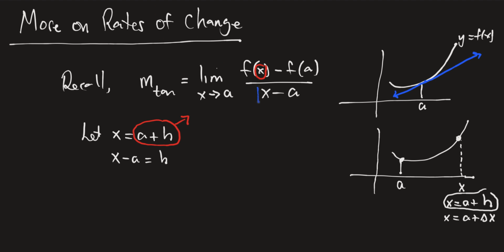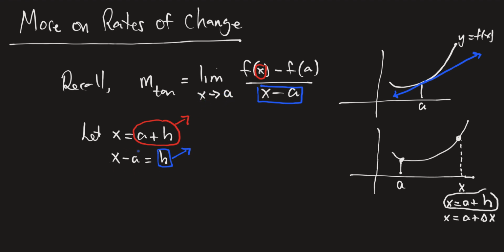I have an expression x minus a, but I have the exact same expression here, and that's just my h. So the h is going to go where the x minus a is. The a plus h is going to go where the x is, and then I have to figure out what happens as x approaches a, right?